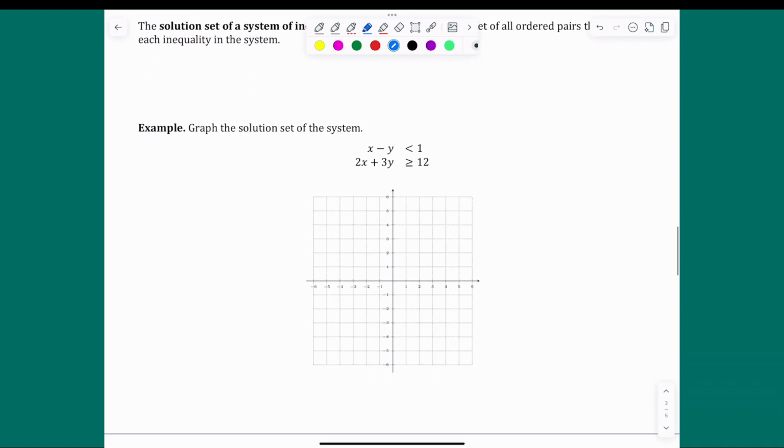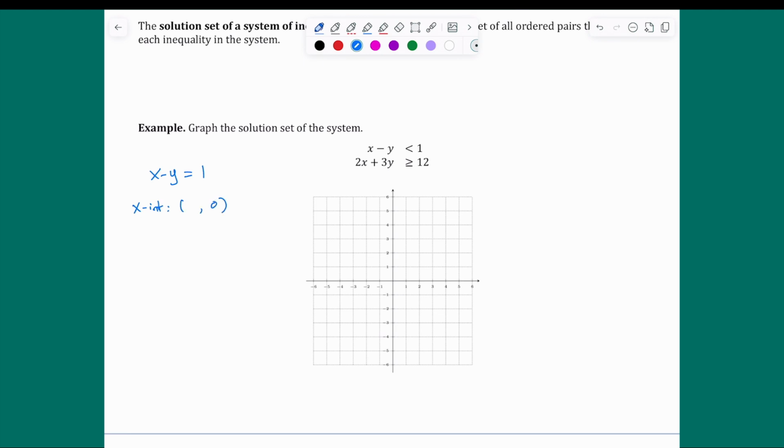This would be considered a system of linear inequalities because each inequality is a linear inequality. Our first graph here, I'll do it in blue: x minus y, replace the less than symbol with equal to 1. Let's quickly find the x-intercept.